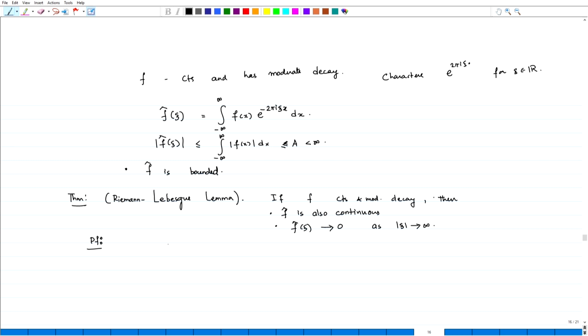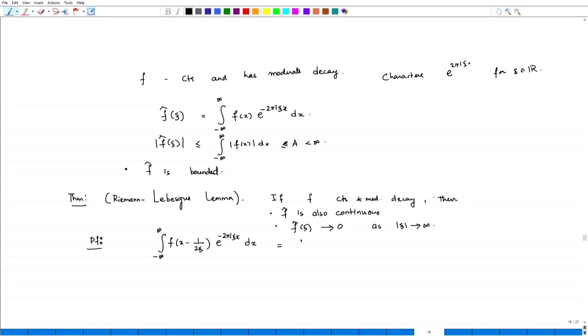So, this is the integral from minus infinity to infinity of f of x e to the power minus 2 pi i ξ x, with the shift by minus 1 by 2 ξ, for ξ not equal to 0. Because we are interested in mod ξ going to infinity, we are not bothered about ξ equal to 0. So, for large ξ we are interested, and we can talk about 1 over 2 ξ.